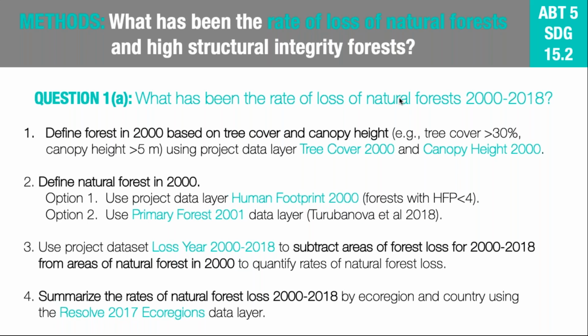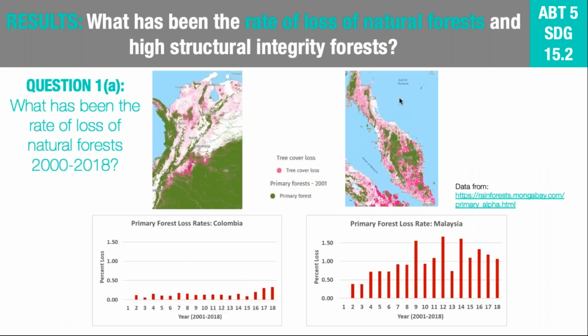So the next slide will show an example for just 2 countries we selected somewhat at random, Colombia and Malaysia. In this case, we used primary forest as the base layer. This came from an analysis that had been done by the Rainforest Group, as indicated here on the slide.